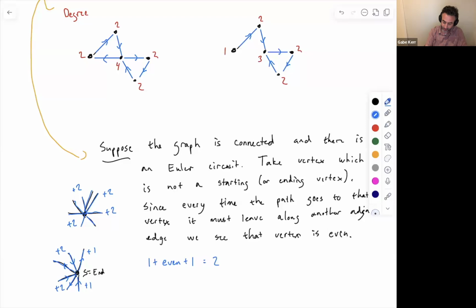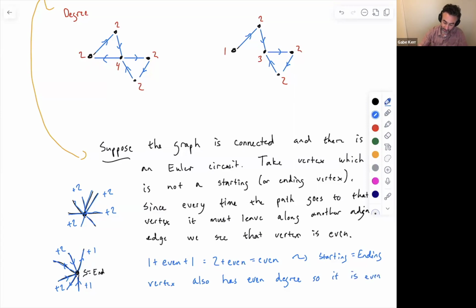But that's 2 plus an even number, which is even. So the starting vertex also has an even degree. So this verbal argument says the starting vertex, starting equaling ending vertex, also has even degree, which means that it is even.